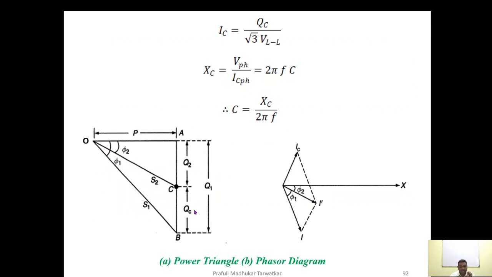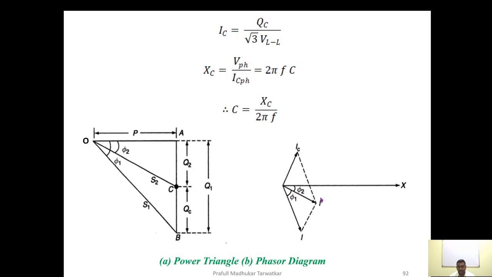Now here we have the corresponding P, Q and S, that is active power, reactive power and apparent power. See here, when we have V and I without power factor correction, we had a phase angle phi 1 between V and I. Now after the power factor correction device, the same angle is reduced to phi 2.